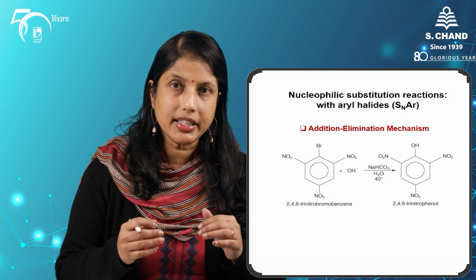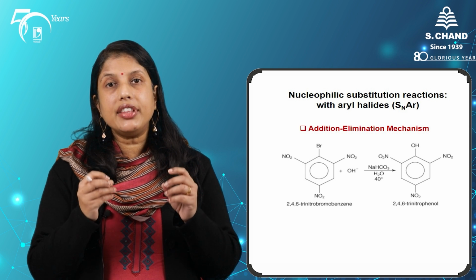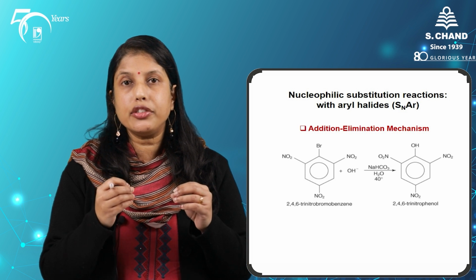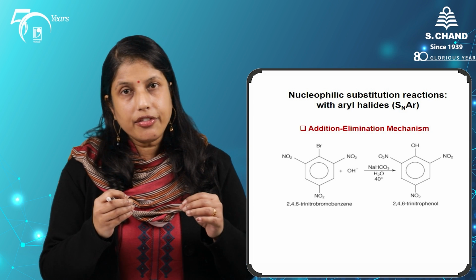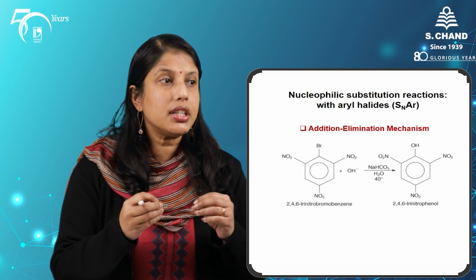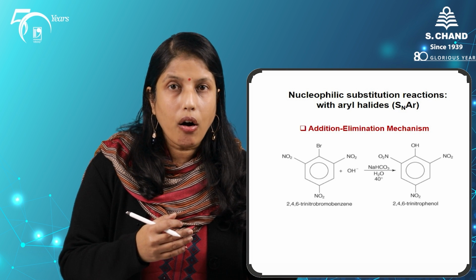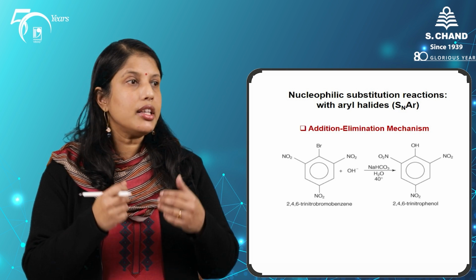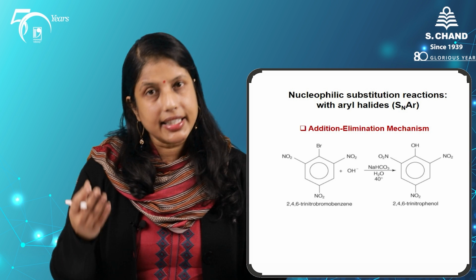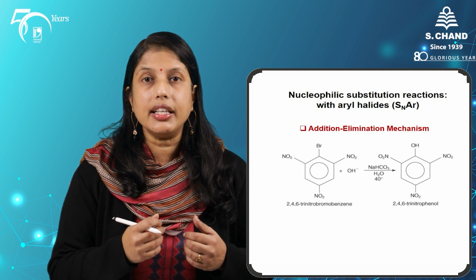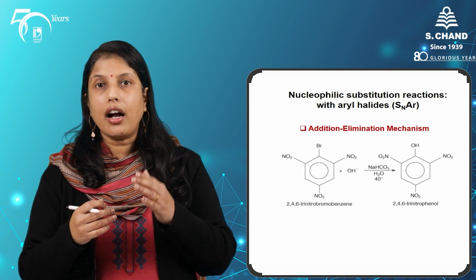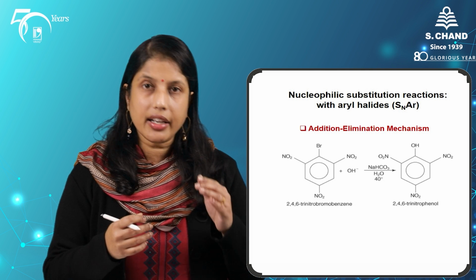Nucleophiles can displace the halide ion of our aryl halides, particularly if there is a strong electron withdrawing group present in the benzene ring. Because the nucleophile is going to substitute a leaving group, or your halide ion, on the benzene ring, it is a nucleophilic substitution reaction and it is given the name SNAr, substitution nucleophilic aromatic.